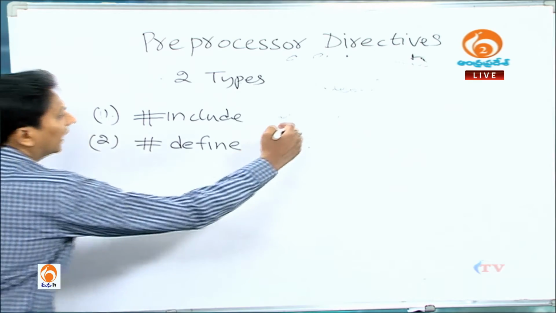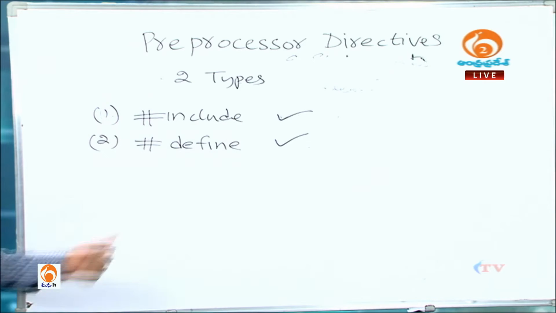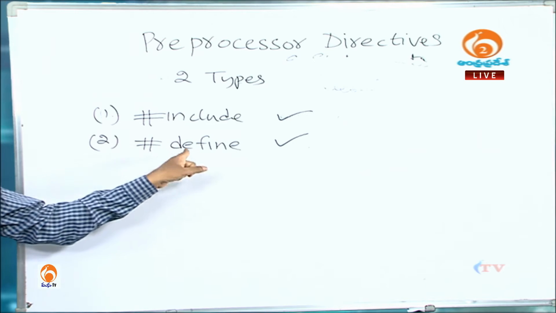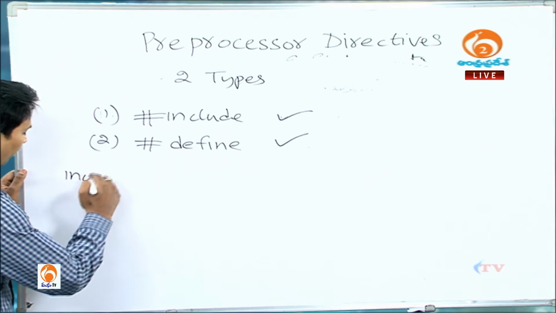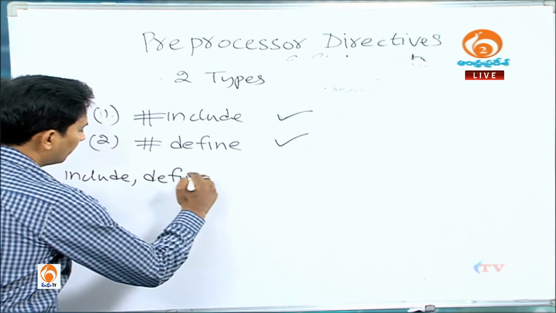This is for header files, and this is for macros. We use the hash define. Define is a keyword. Include and define are the keywords.